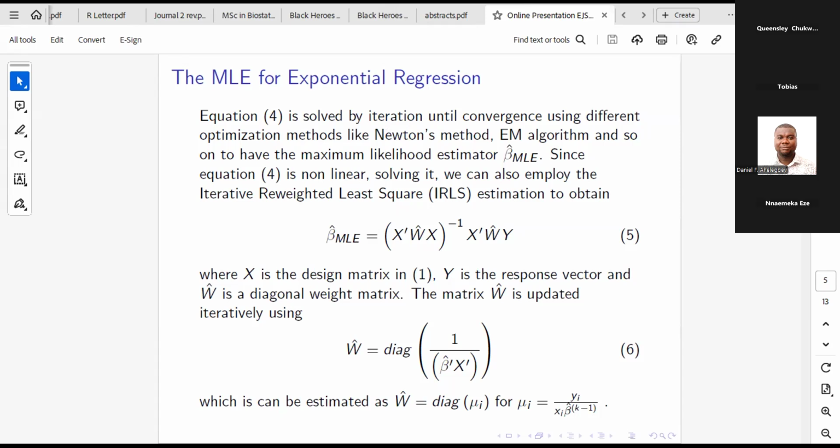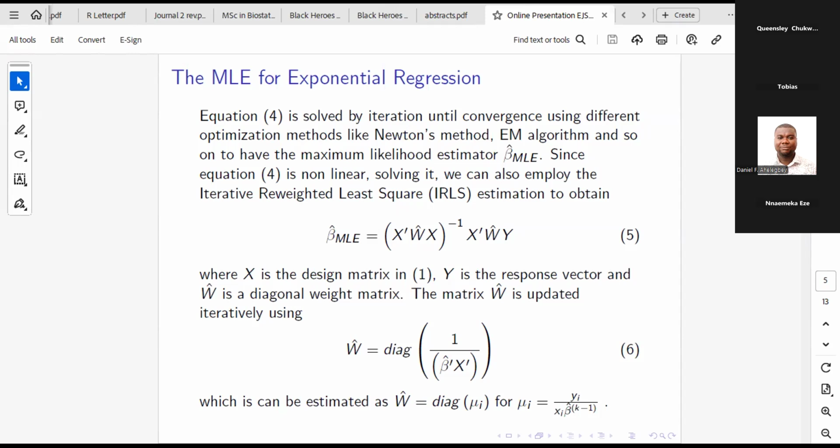The matrix W is updated iteratively using the equation in 6, because to get our maximum likelihood estimator, we need to iterate until we have convergence. That's when we'll be able to get our maximum likelihood estimator.